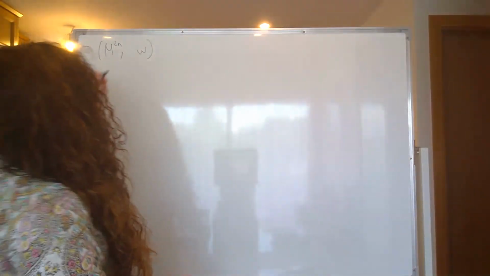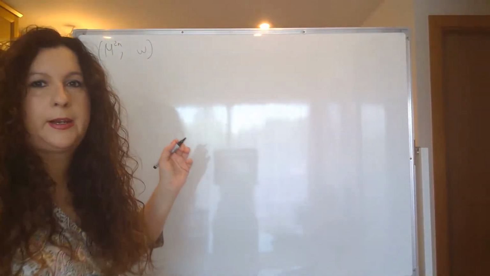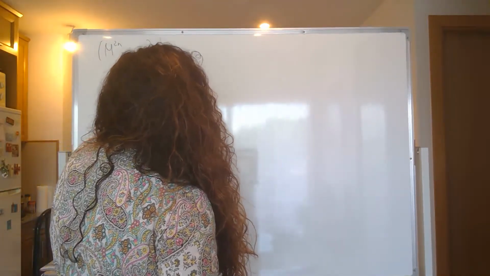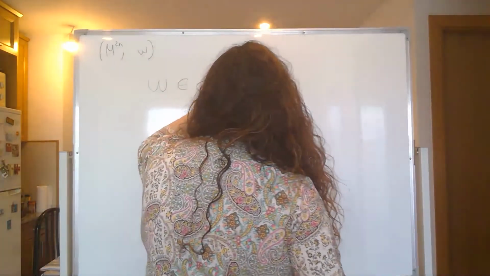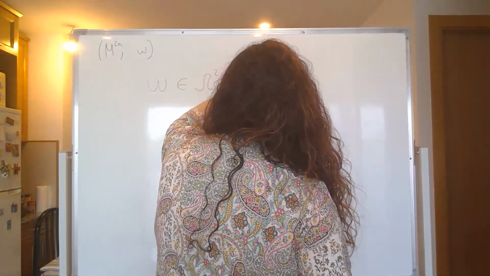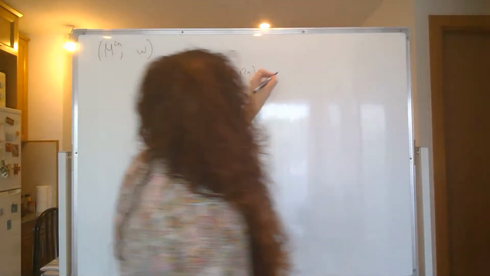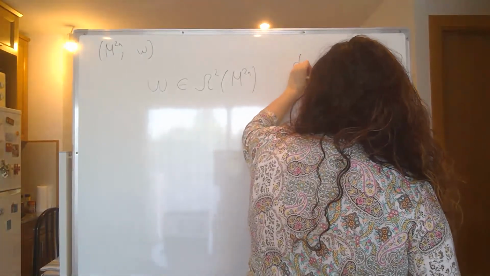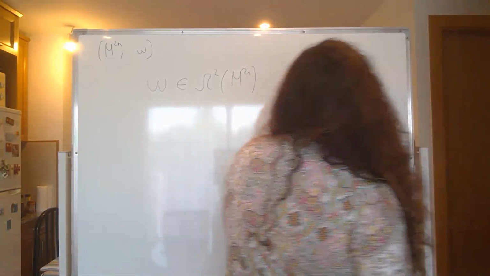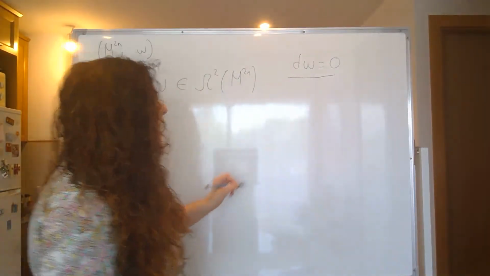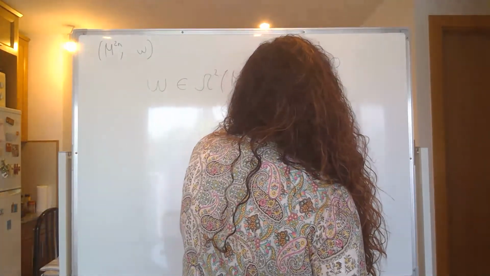I'm going to try to write bigger in case you don't see this. So omega is a 2 form on the manifold, which we require to be closed. We also require omega non-degenerate.